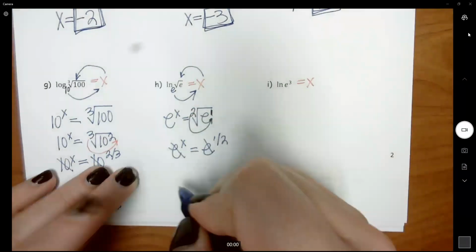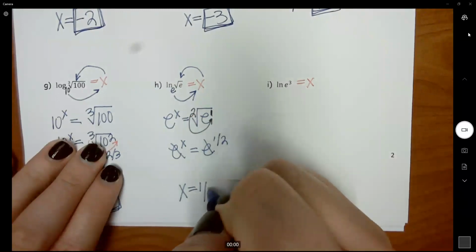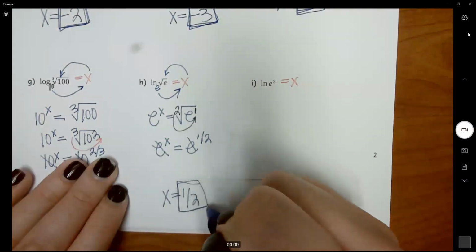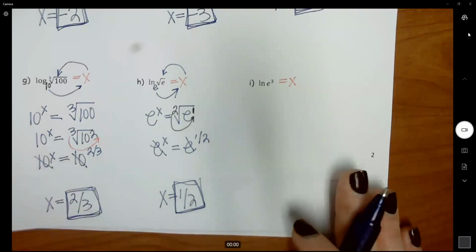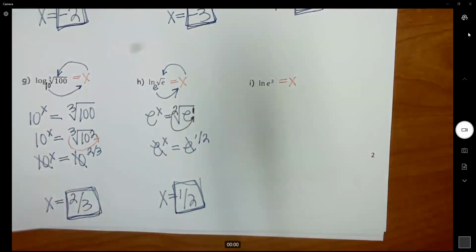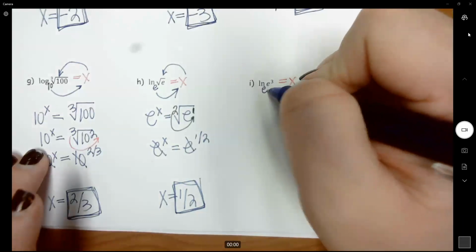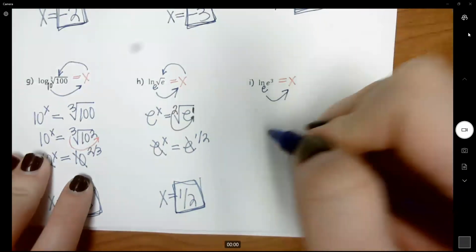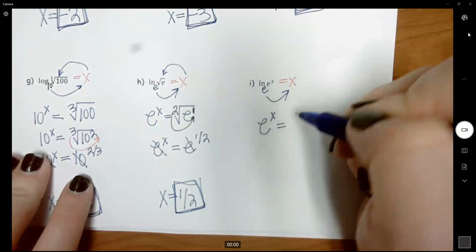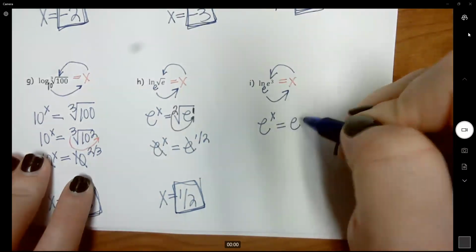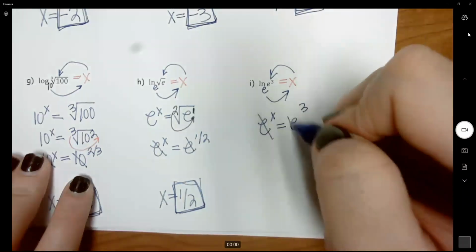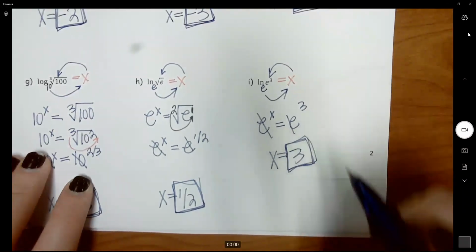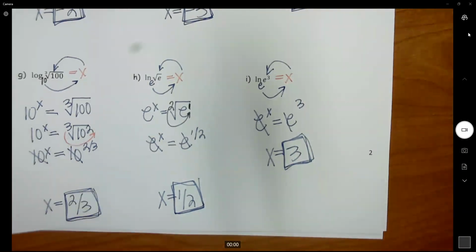My bases cancel, and we get x equals 1/2, I'm sorry. Okay, and then lastly, this is the natural log of base e. So we have e to the x equals e cubed, e's cancel, and x equals 3. So my answer is 3.